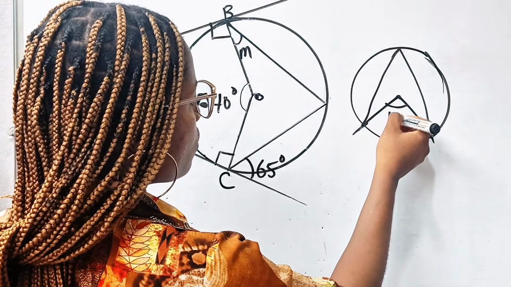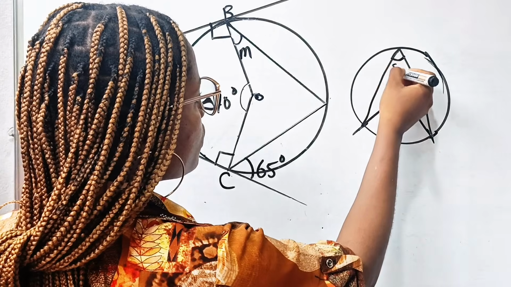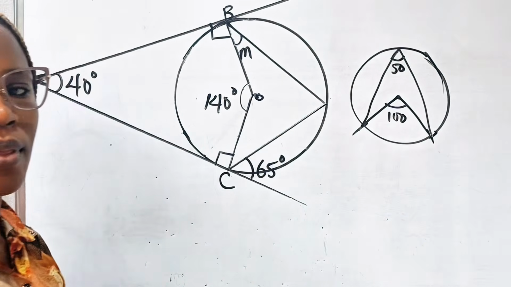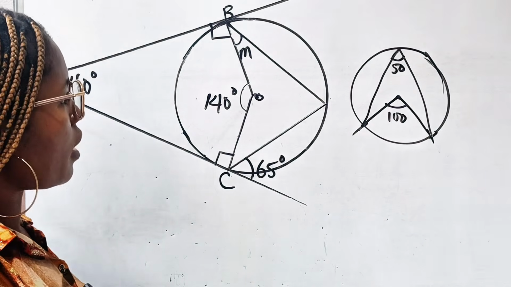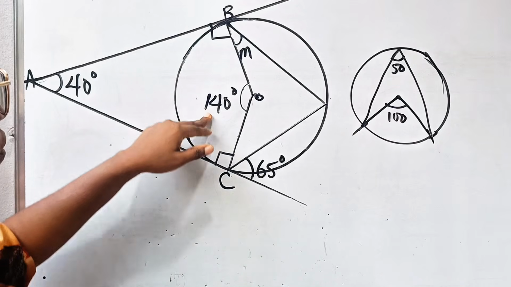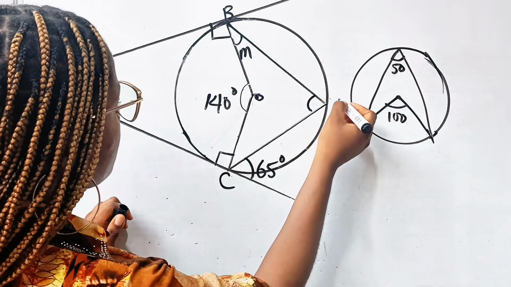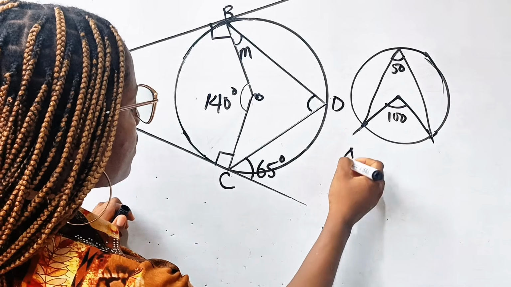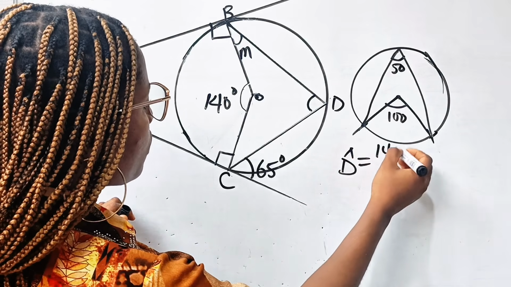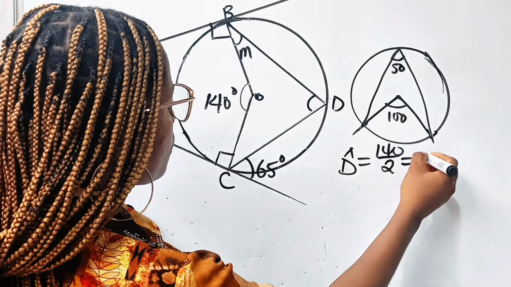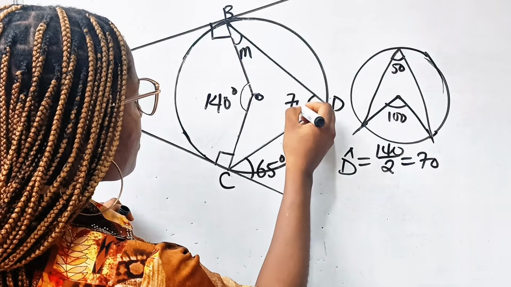So if this is 100, like I said, this is going to be half of 100, which is 50. Therefore, if this is 140 degrees, then this place, let's call it D, angle D will be equal to 140 divided by 2, which is 70 degrees. So here is 70 degrees.